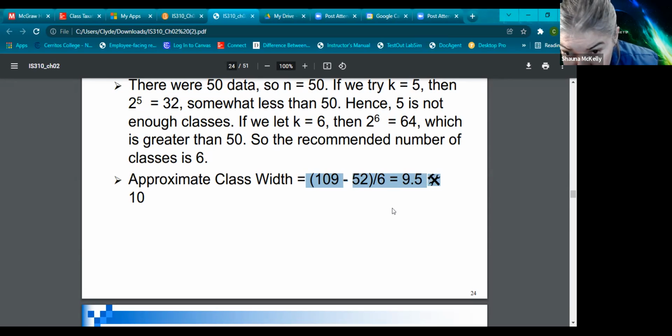But here, what your teacher seems to be doing is rounding to the nearest whole number, okay? In any case, regardless of what kind of rule you're using, it has to be a whole number. Your width is not going to be some kind of decimal. Not usually, unless your teacher tells you different, but usually class width is a whole number.